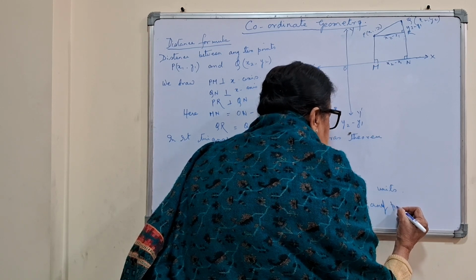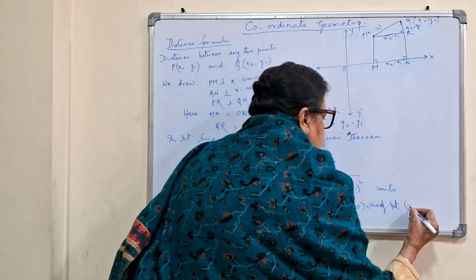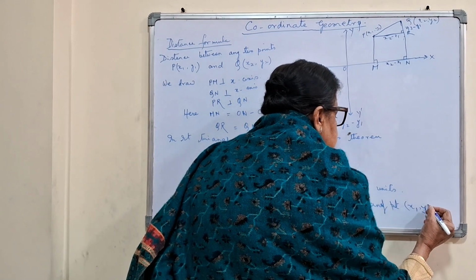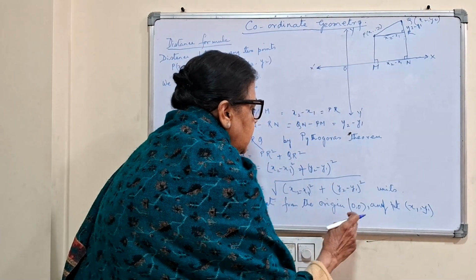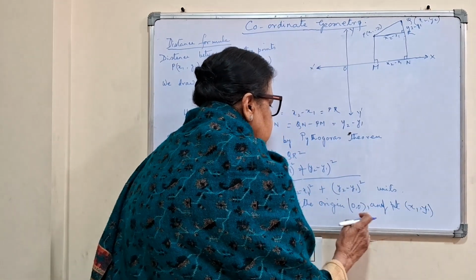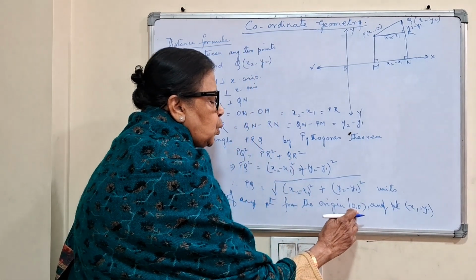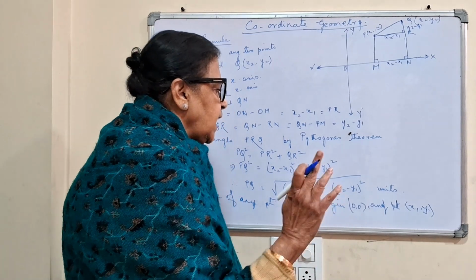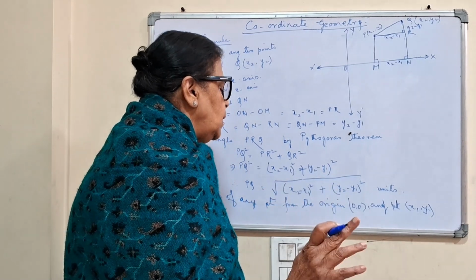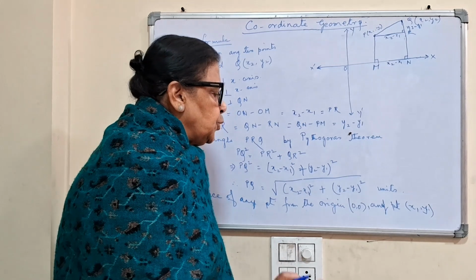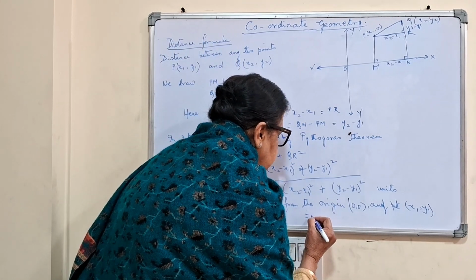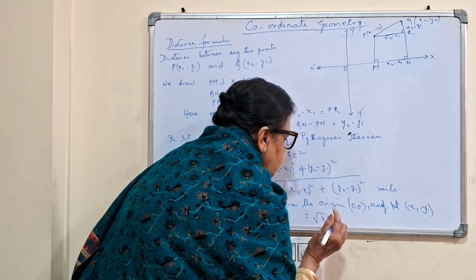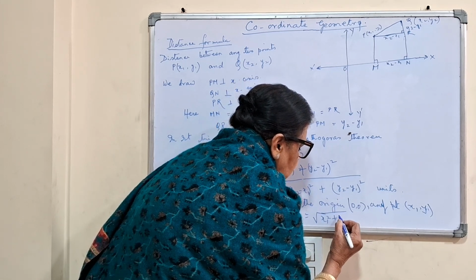So substituting, I get the square root of x1 minus 0 whole square plus y1 minus 0 whole square, which is equal to the square root of x1 square plus y1 square.